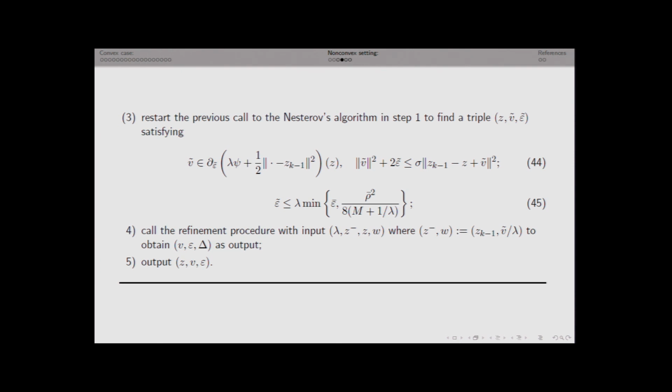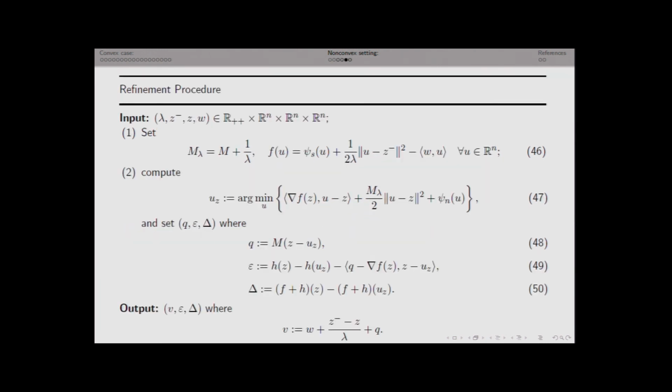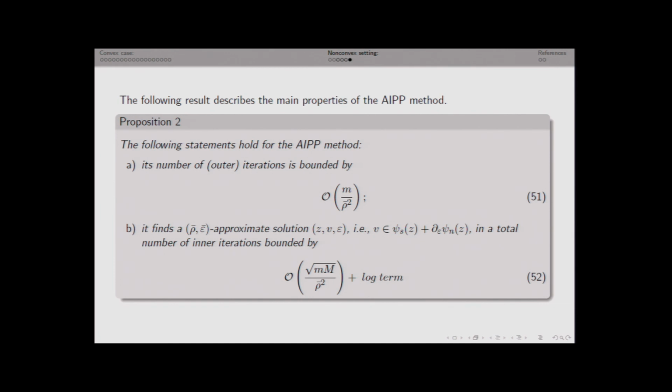Then once you have this scheme done, you go to a refinement procedure in order to improve the solutions that you have. The refinement procedure basically is just to solve a subproblem, in the same sense as in the Nesterov method. Then you solve this one subproblem, and then you have your approximate solution.